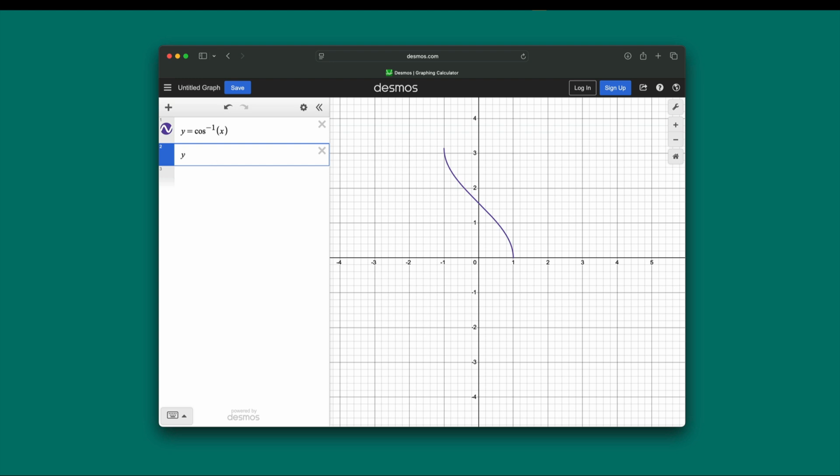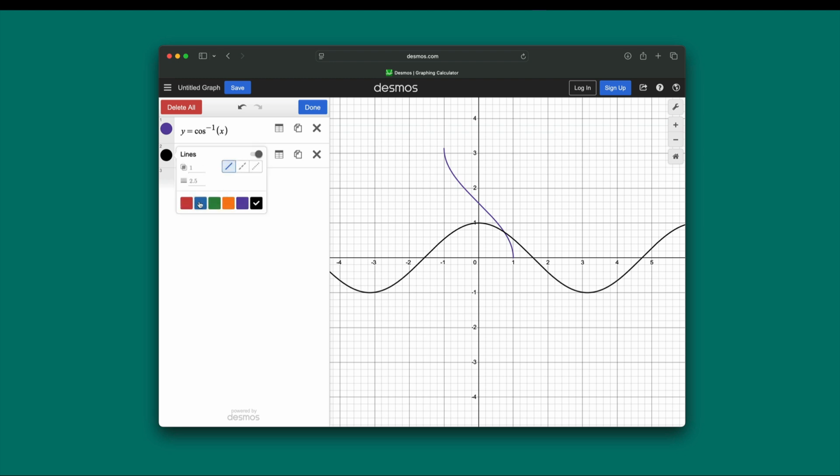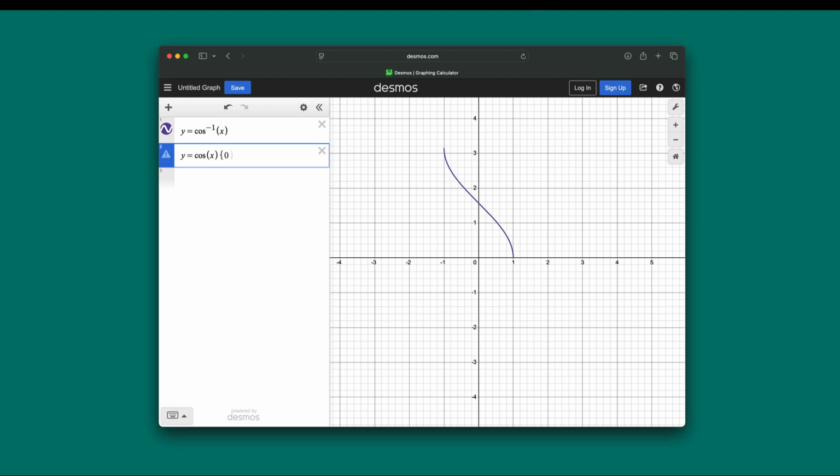Putting this along with cosine of x, we can see there is the function cosine. Let's change the color and make it a little bit different. Let's make it blue. All right, so you can see we did restrict it between 0 and pi.